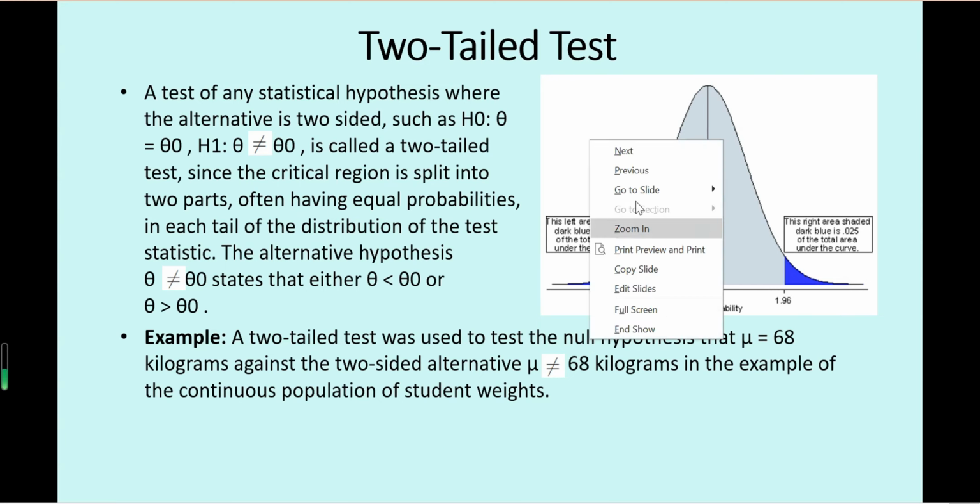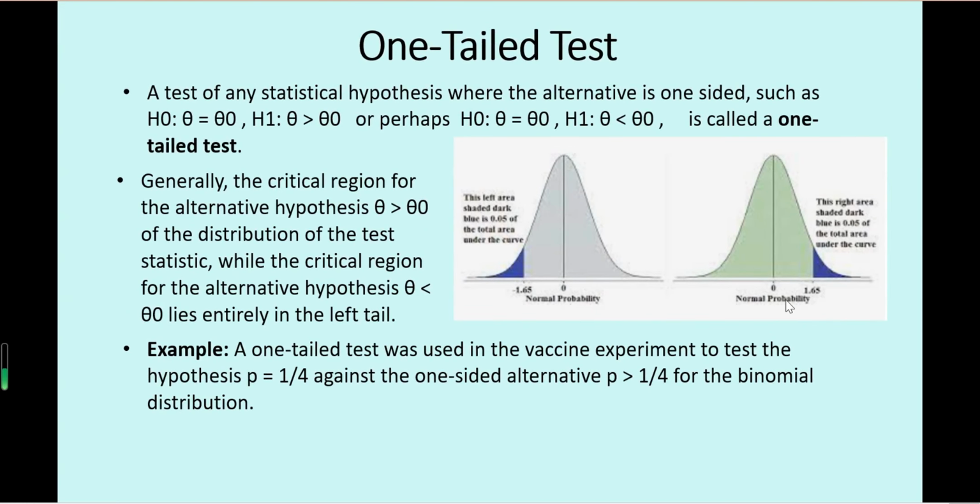But in a one-tailed test, only one side can apply: the test statistic is either larger than 1.65 or less than minus 1.65. That's why we use 1.65 as the absolute value here, because 1.65 represents a probability of 0.05 to the right or to the left in a standard normal distribution.